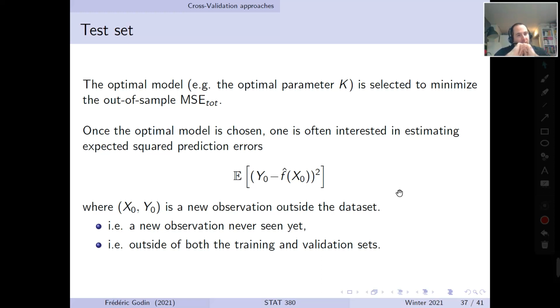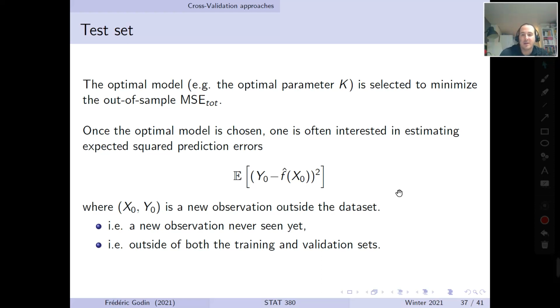But now one final question is, okay, we found the best model, the best value of K, but what's our assessment of the performance of that model? So for the selected K, we'd like to know if we apply this model on some new observations, what would be the expected square error we would obtain in that case.